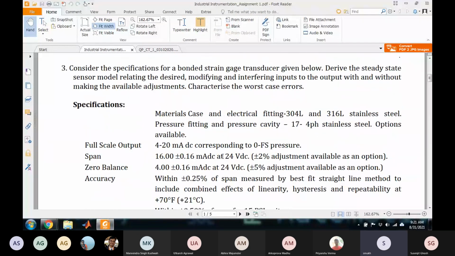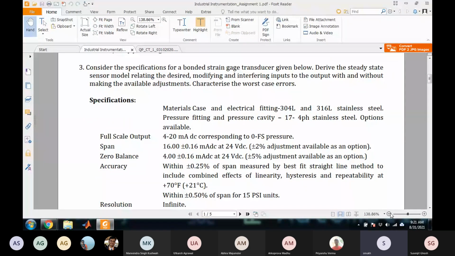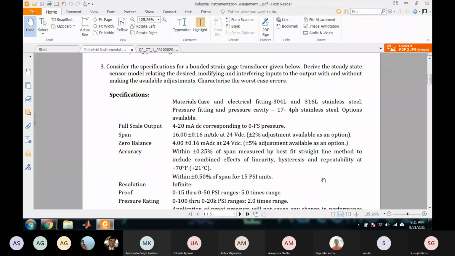Let them read it first. Put it on the screen, make the screen the largest possible. Okay. Slightly smaller, I think, otherwise they won't be able to read. I think we can read it. But it is a big problem. Now we can read this also.